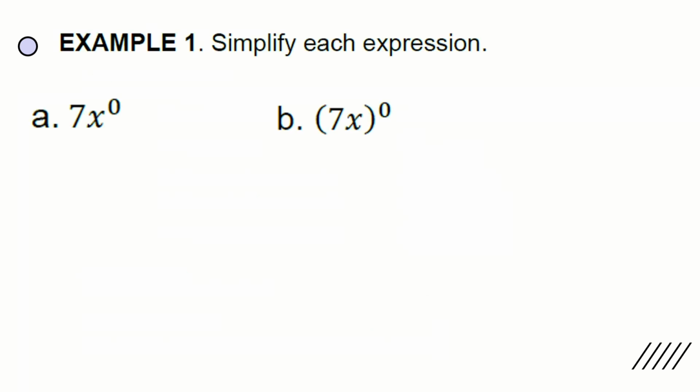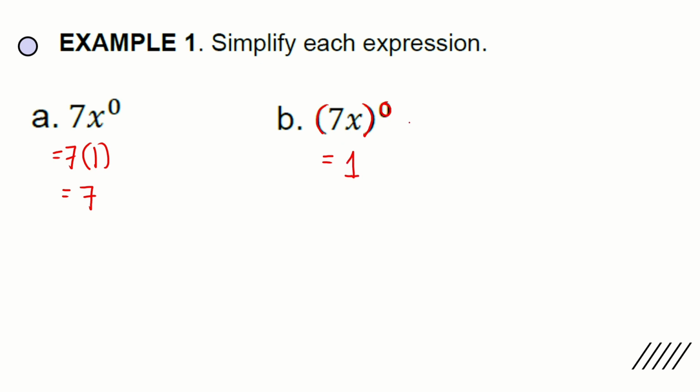To simplify each expression, in letter A, we have 7x raised to 0. If you still remember, any number raised to the power of 0 is equal to 1. So here, we can simplify this as 7 multiplied to 1, and the answer is 7. In this case, since this is enclosed in a parenthesis and raised to a power of 0, that is equal to 1.